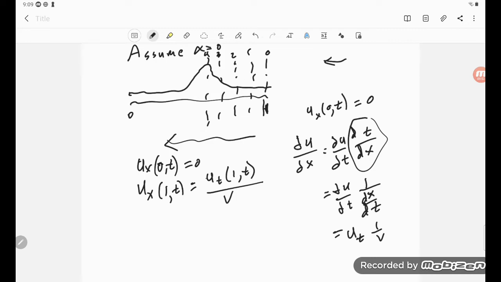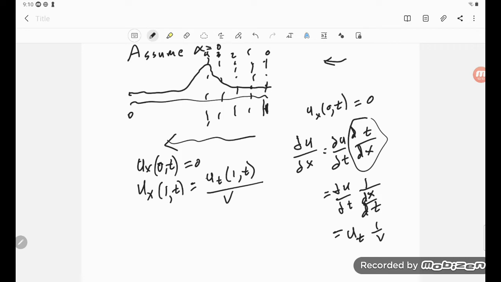If I move in time, right, I go from time 0 to here, and I look at the values, u sub t is increasing because u is getting bigger over time.